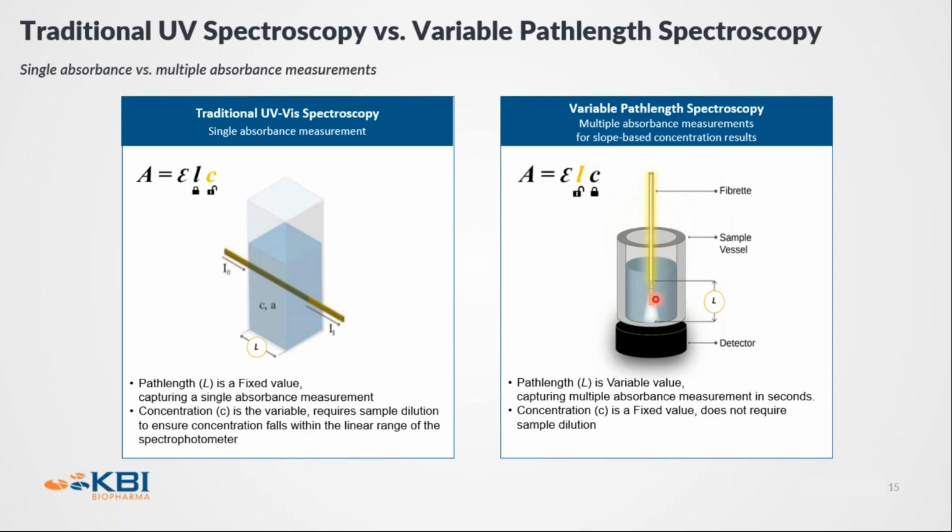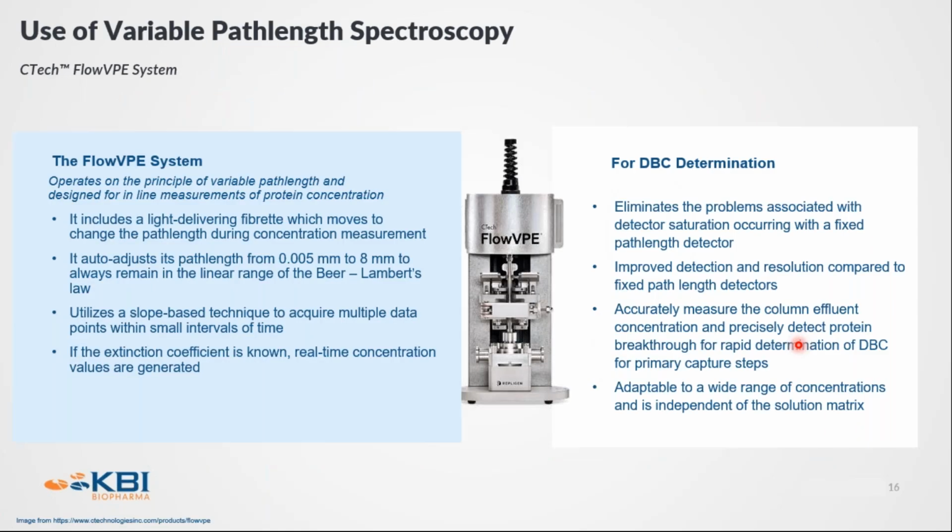So based on your concentration, the path length is adjusted in such a way that the absorbance we get is always in the linear range of Beer-Lambert's law. So we can get real-time absorbance of whatever stream is passing through this flow cell. There is no need for offline concentration determination. That is the single most important advantage of this technology.